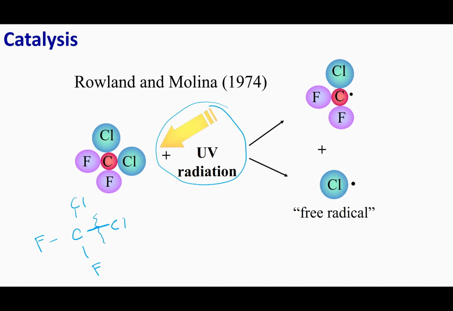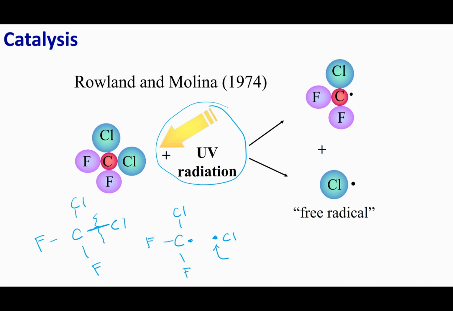So that means when it breaks the bond, it breaks it evenly such that there is one lone electron on one side and one lone electron on the other side. Now, we haven't talked too much about a lone electron. We've talked about lone pairs, but this isn't a paired electron.